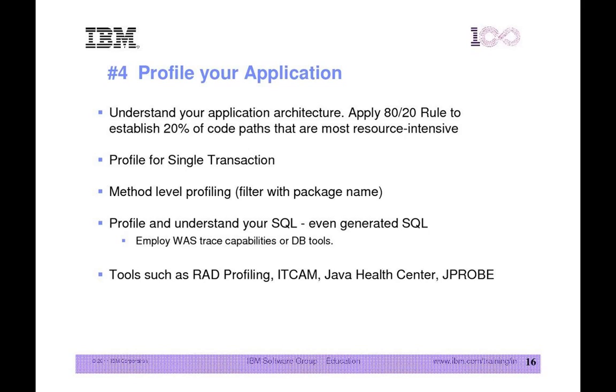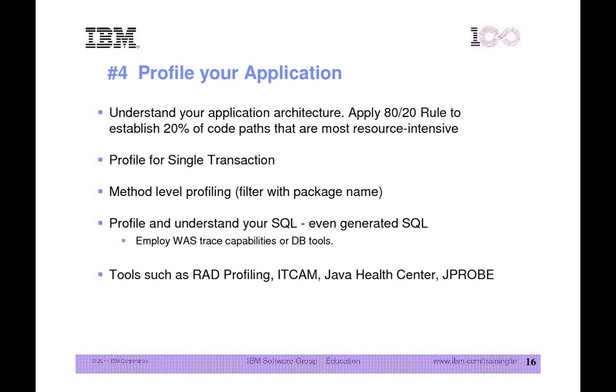But make sure you take the transactions which are more important or highly used. Apply some kind of 80-20 rule and use the top 20 use cases for profiling. Moving to the next slide, I'm on slide number 17 right now.